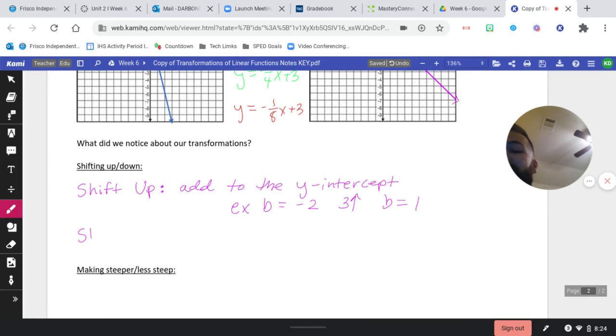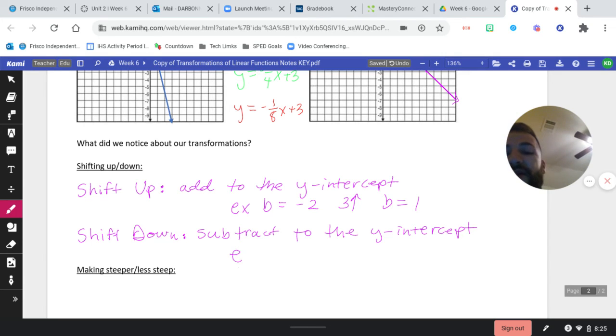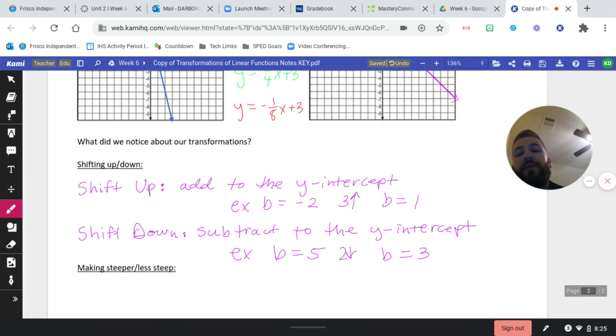If I want to shift down, I want to subtract from the y-intercept. As an example, if my b is equal to 5 and I want to shift down by 2, then my new b would be equal to 3. So shifting up, I add to my y-intercept. Shifting down, I subtract from my y-intercept.